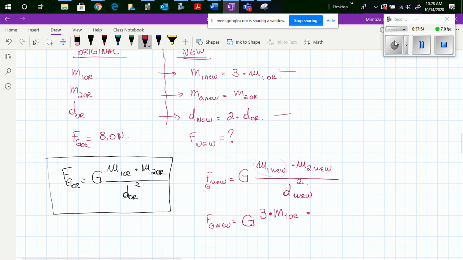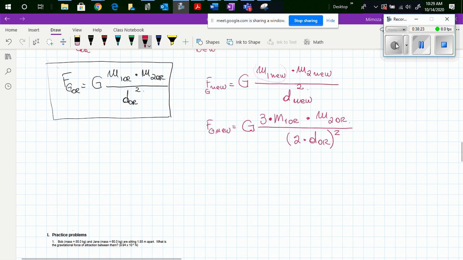Okay? Mass 2 is not changing. Mass 2 is the same as mass 2 original, over distance, which is changing as well. It is becoming 2 times the original distance, and the whole thing is squared. Is this clear what I did?